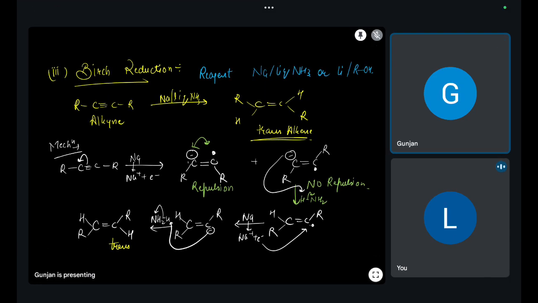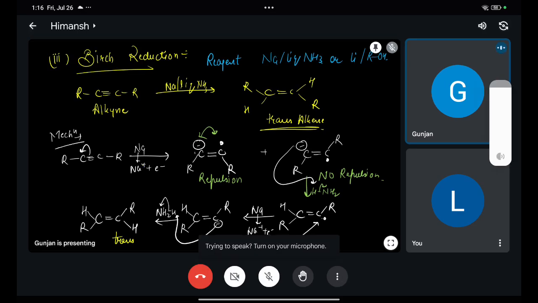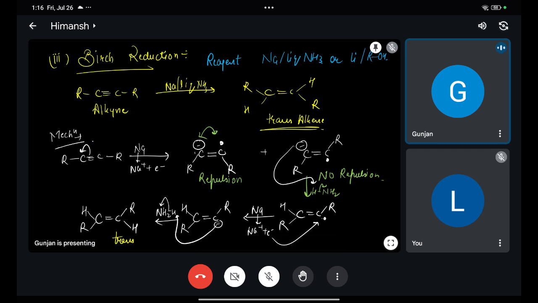You can explain this mechanism again. See, in the first step we just shifted one electron pair to one carbon, because both the carbons are the same, so I have migrated it over here. So this carbon got a negative and this carbon got a positive charge. When this carbon got a positive charge, that positive charge is converted to neutral because of this electron.